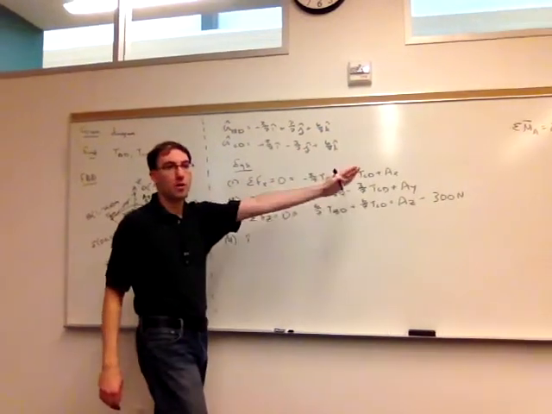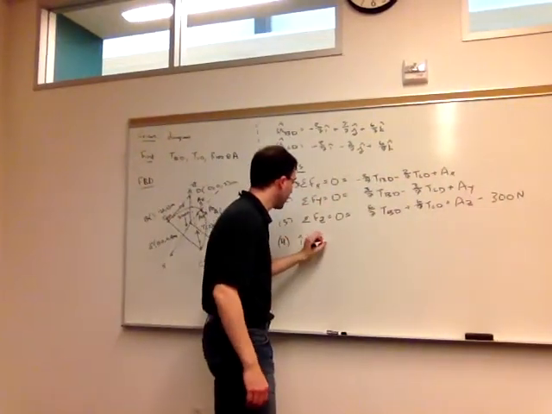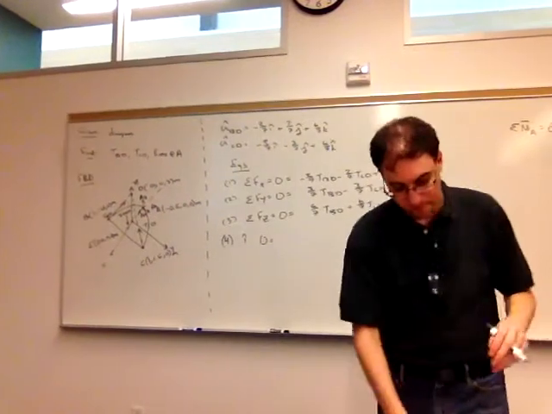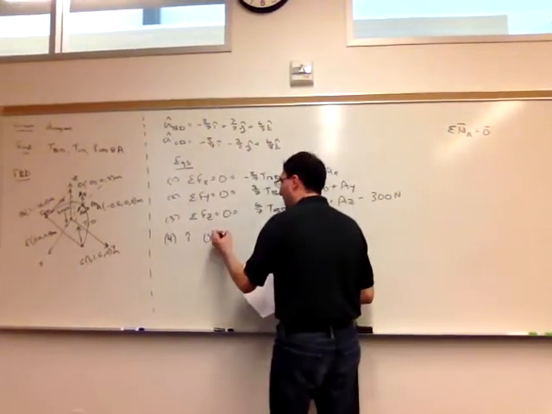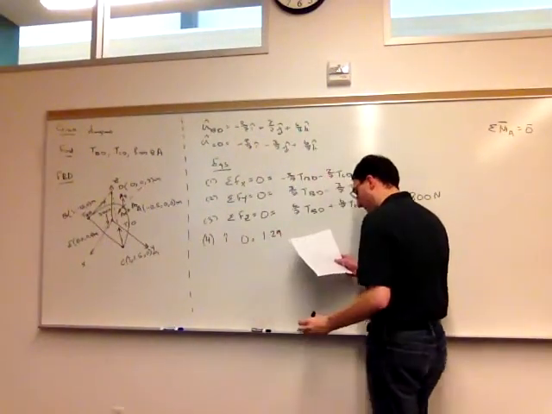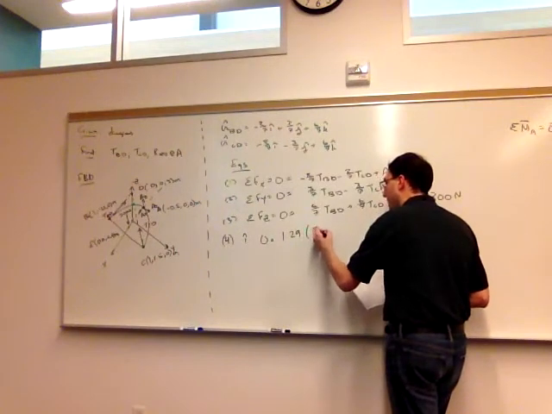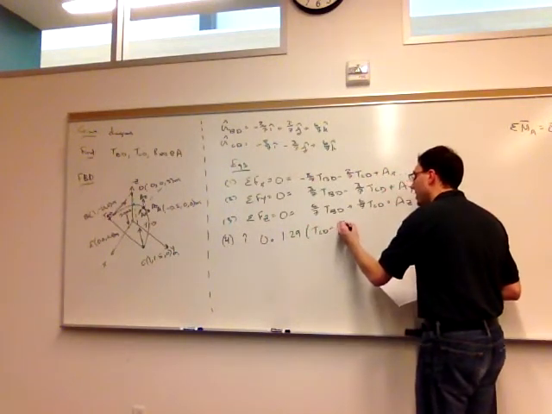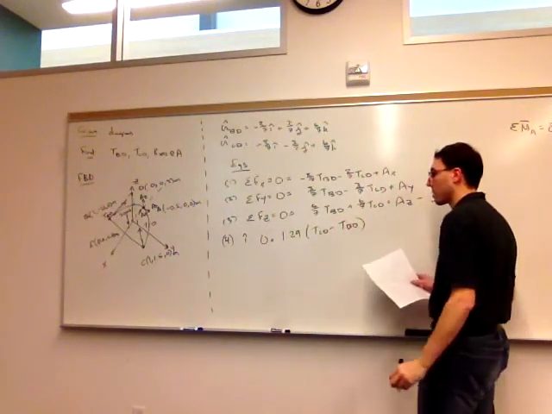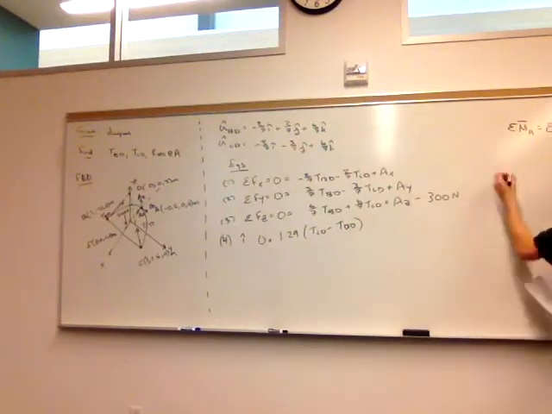So we go through all that, we pull out the I coefficients. We're going to get that 0 is 1.29 times TCD minus TBD. I'll write equation 5 up here.